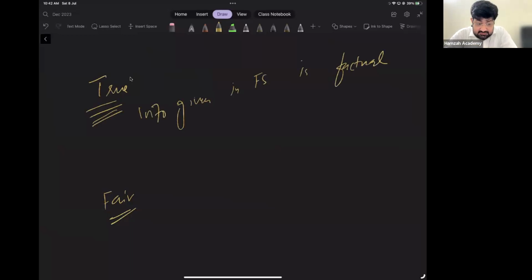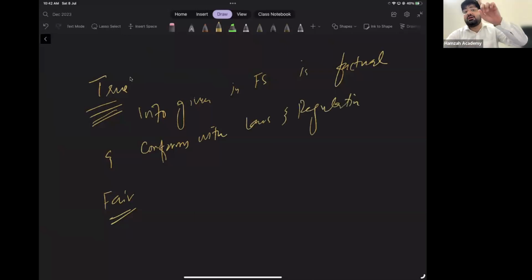What is actually there, it is reflecting that. It conforms with laws and regulations. It is given as per laws. When the auditor says the financial statements give a true view of company affairs, the information is factual and conforms with the laws and regulations.